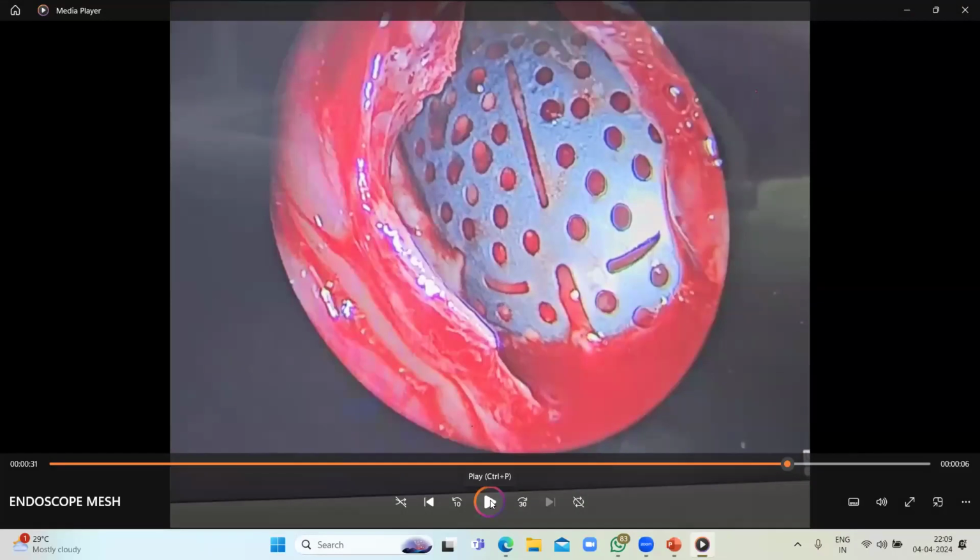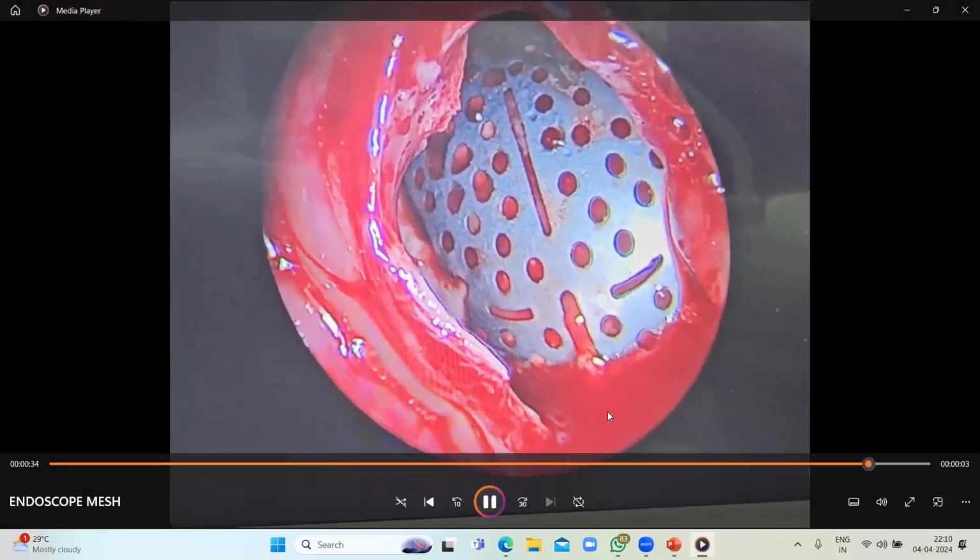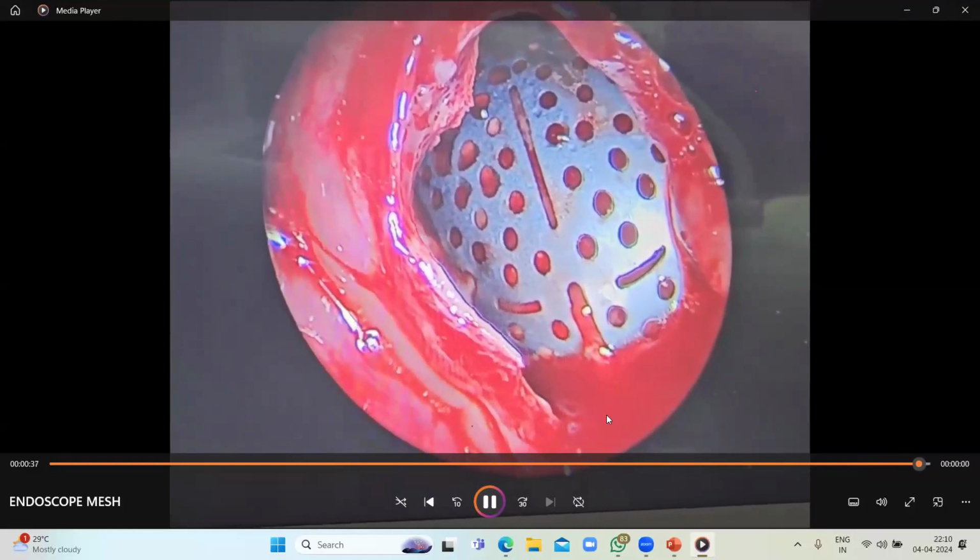This kind of reconstruction will end up with restriction of ocular motility post-operatively, because the mesh which we are adapting has to be on par with the orbital floor, at the same time landing on the posterior ledge here. So this is one of the advantages of having an endoscope intraoperatively.